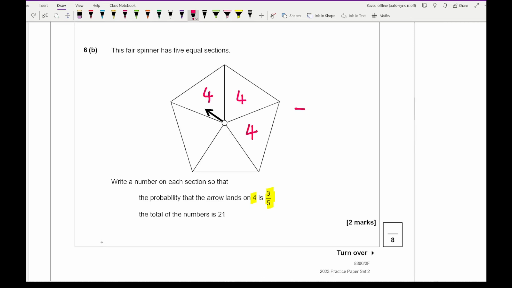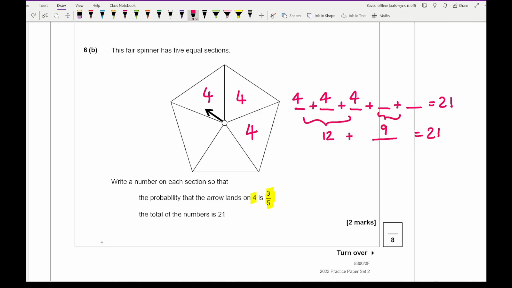Now it also says that the sum of the 5 numbers adds up to 21. So if I know that I've already got 3 4s, which is 12, so 12 plus something equals 21. So for this I need to find 2 numbers that add together to equal 9. You can have absolutely any 2 numbers, as long as neither of them is a 4, that add up to make 9.